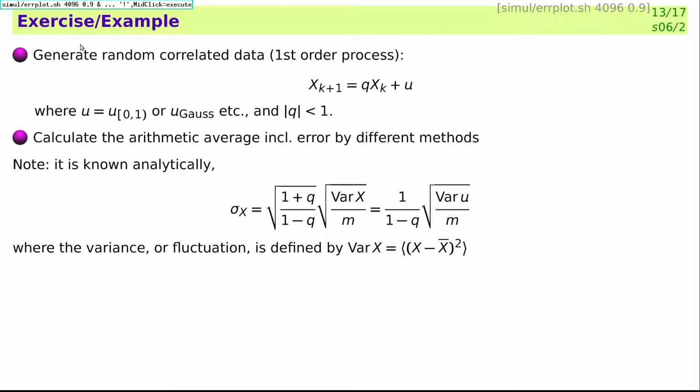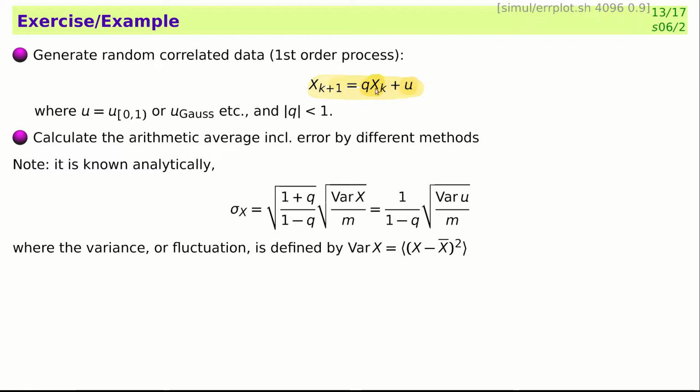Here I have a simple example which compares different methods. I generate fake data by this formula. That is, I take a new random number, which will be Gaussian, and take the previous one, multiply by something.